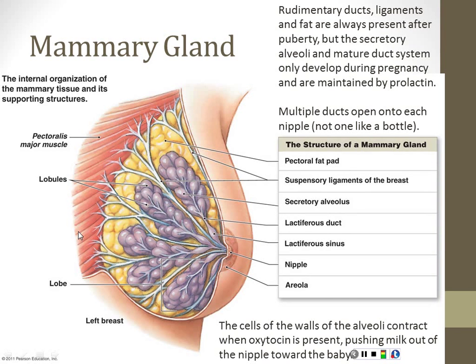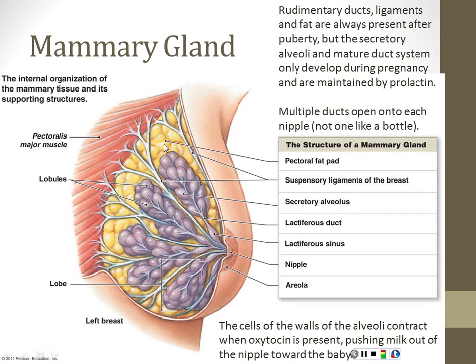Attached to that pectoralis major muscle are all of these suspensory ligaments, kind of interwoven into the fascia that covers this muscle. So essentially, they provide the scaffolding to give the breast shape. So the breast is held up here by these suspensory ligaments in the pectoralis major.